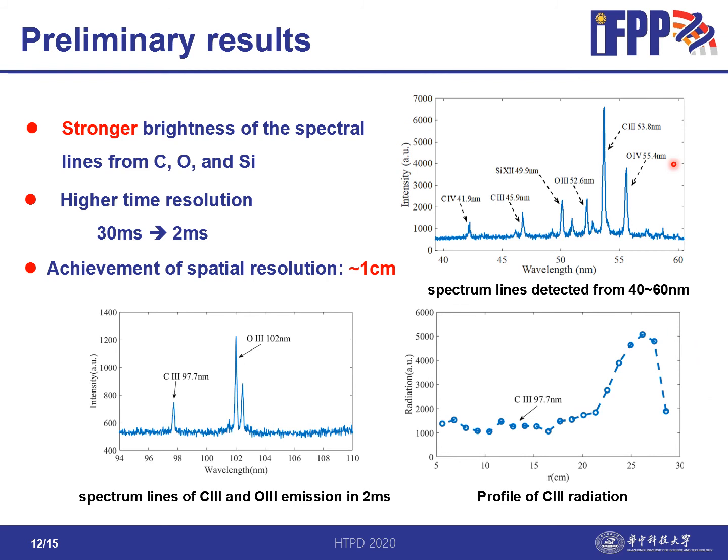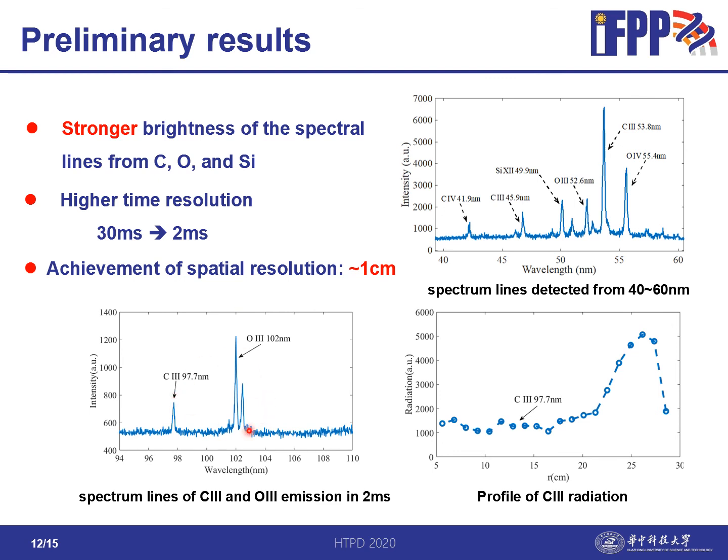The upgraded system is tested under the condition of stable discharge operations, and here are some preliminary results. The upgraded system has many advantages. For example, the detection of stronger brightness of the spectral lines from carbon, oxygen, and silicon, which were not observed previously for their relatively poor intensity, and also the higher temporal resolution of 2 milliseconds makes the transient response possible.